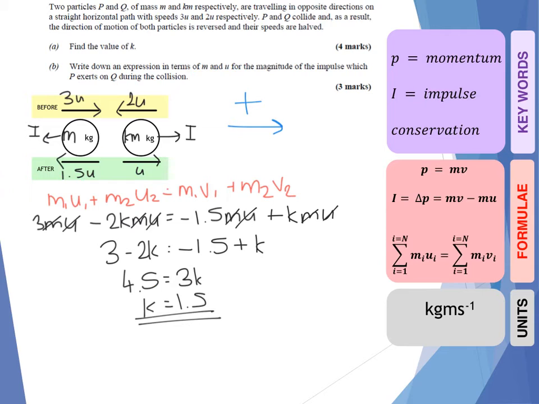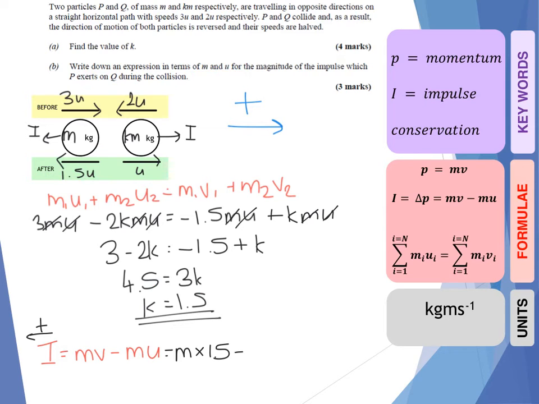So, impulse is mv minus mu. And I know that when I'm looking at my left-hand particle, I'm taking my impulse to the left. So I've got my mass m times my final velocity, which is 1.5u in my new positive direction for impulse, going this way.